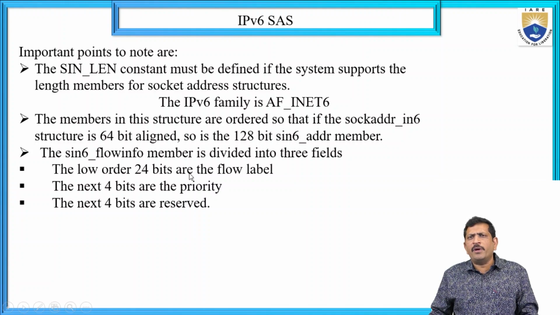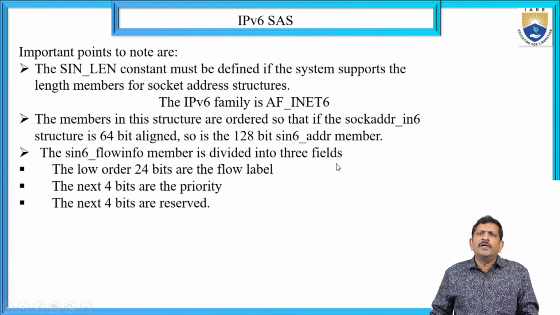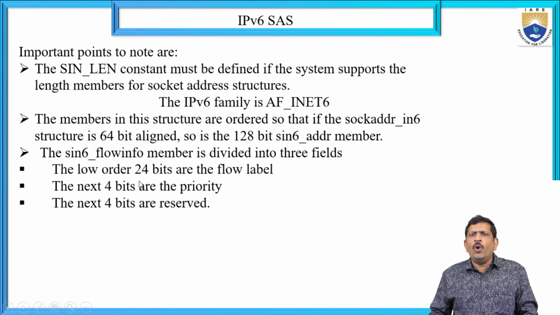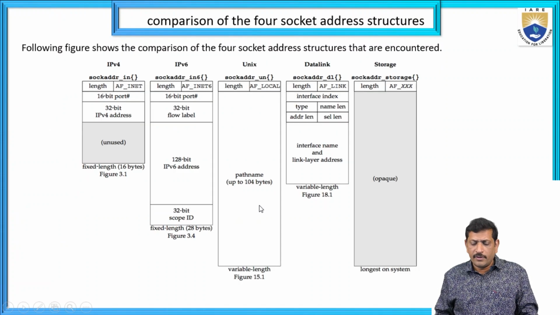The flow information member is divided into 3 fields: the low-order 24 bits are the flow label, the next 4 bits are the priority, and the next 4 bits are reserved.